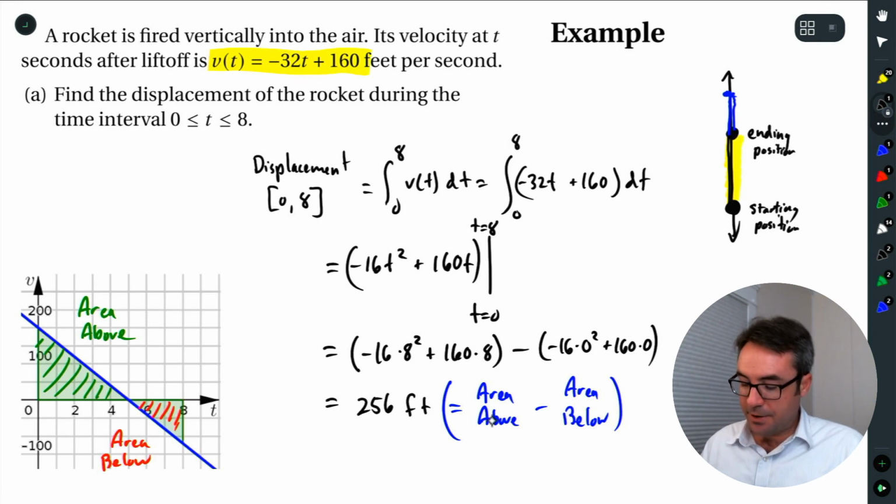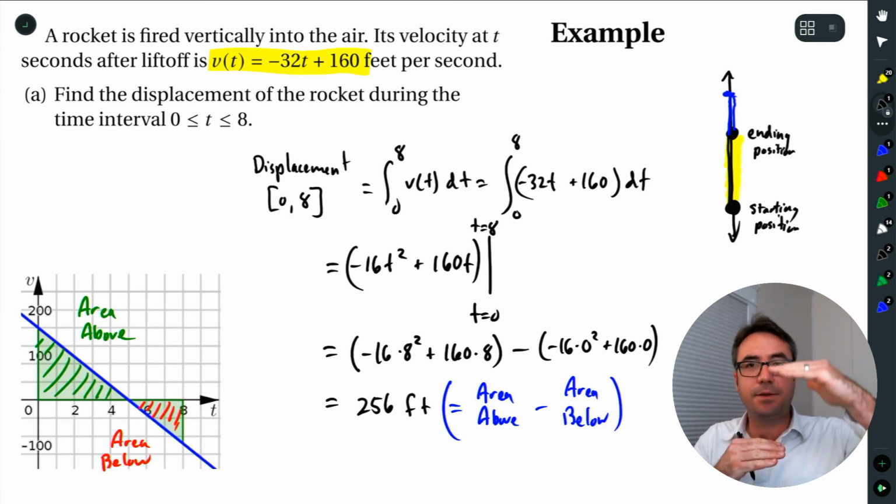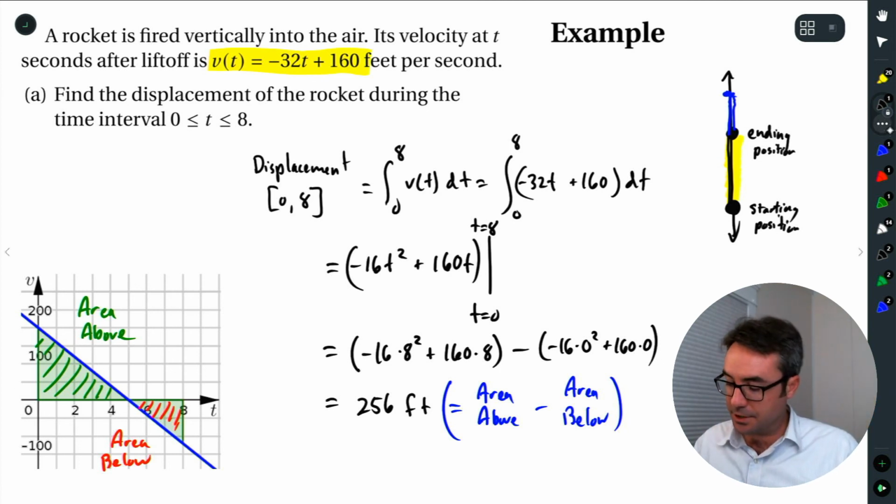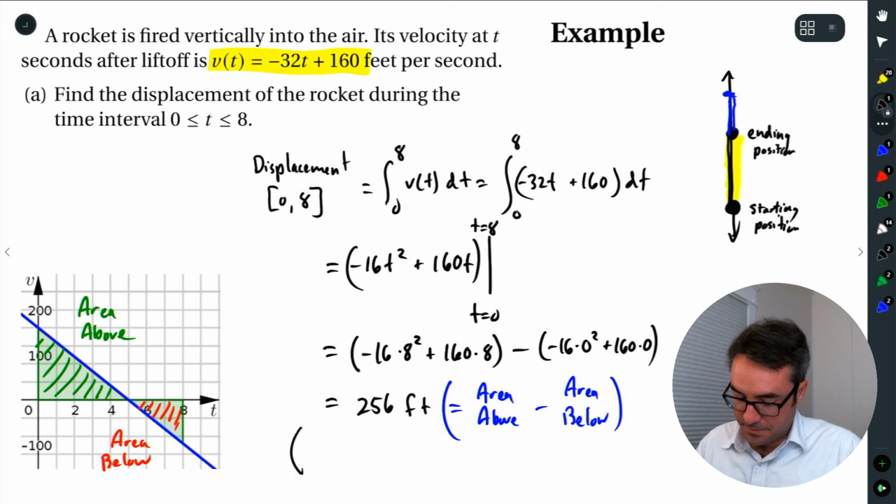It was really the area above minus the area below. So it's how much we travel in the positive direction minus how much we travel in the negative direction. As just a check here, we traveled 400 feet up and subtract off 144 feet in the downward direction.